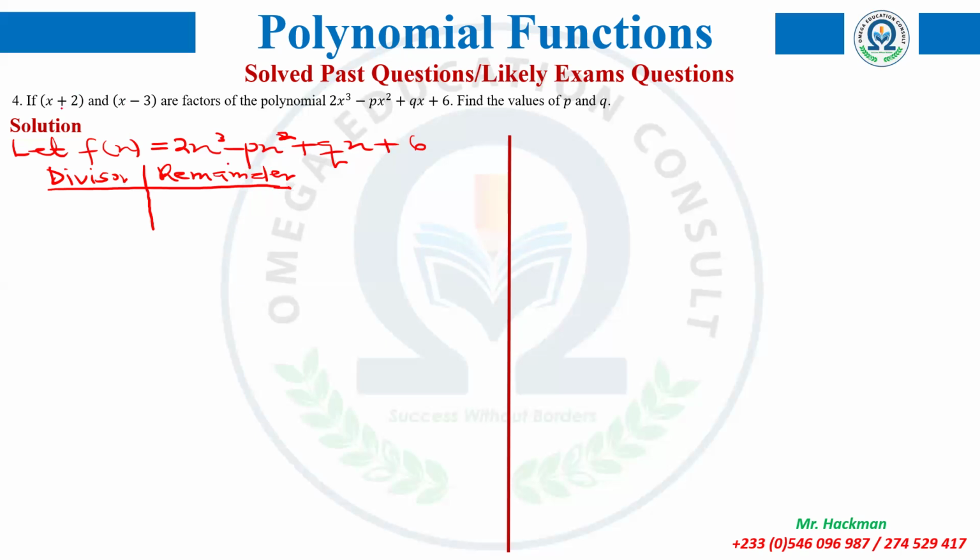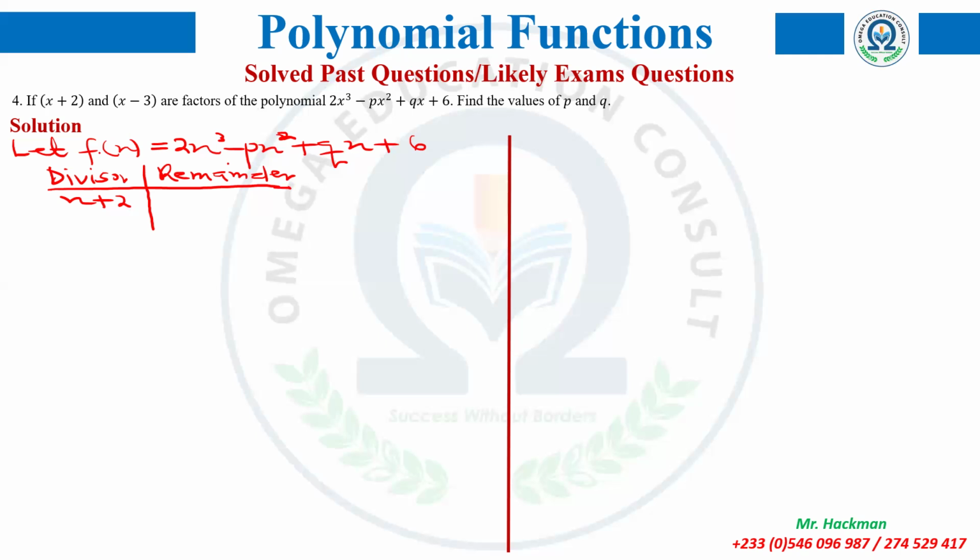So the first divisor is x plus 2. What do you think the remainder will be for this divisor? It will be 0.